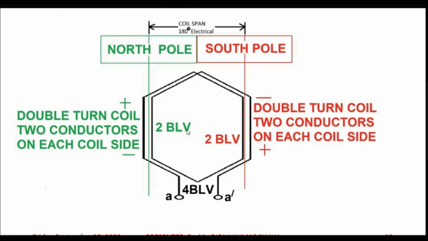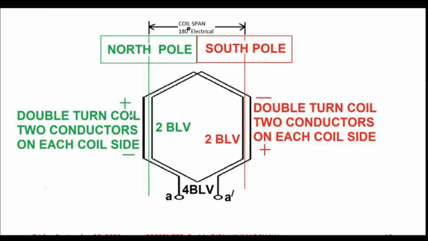Although the direction of peripheral velocity v would be the same for both coil sides, because both coil sides are placed on the rotor, the peripheral velocity is the same for both conductors. The only thing that can vary is the direction of magnetic flux density B. So that is not going to be a problem for us.